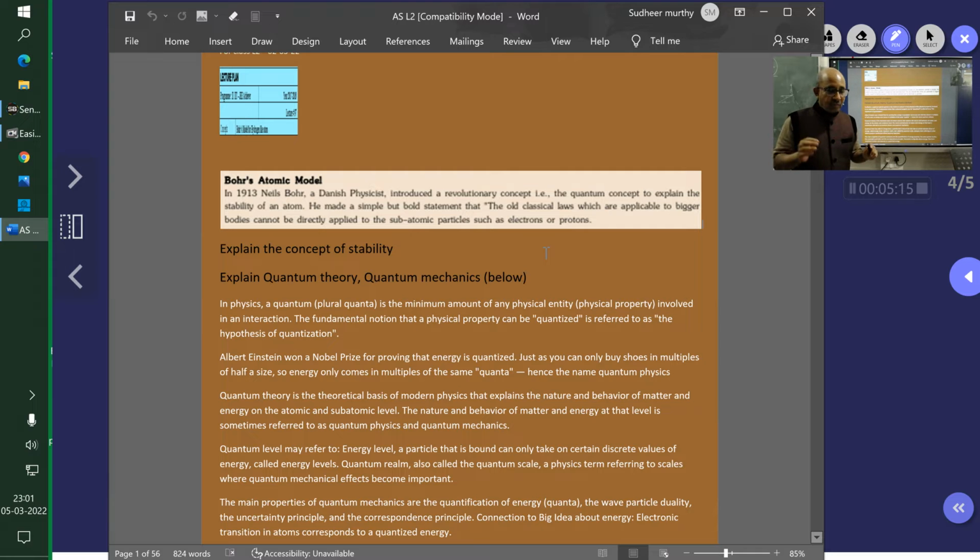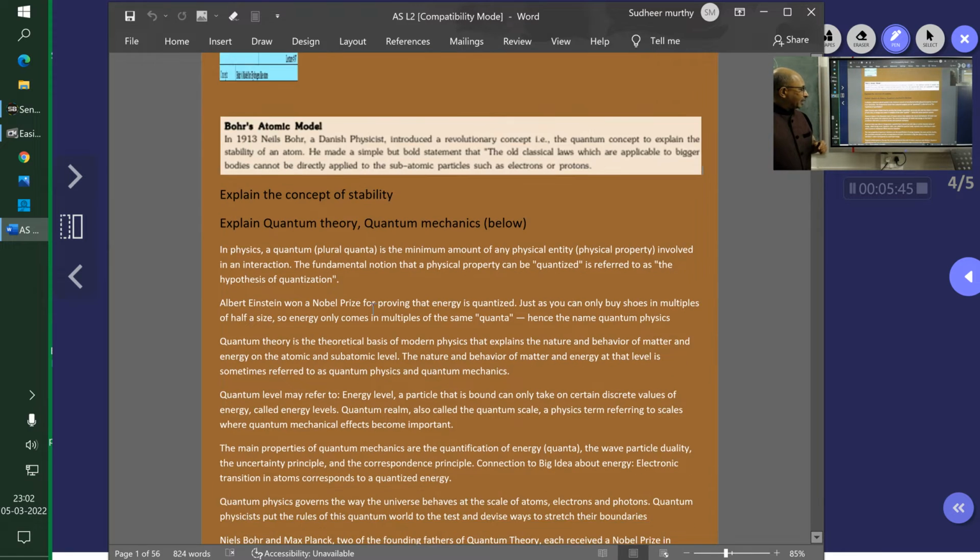He said that as long as the electron is revolving in a pre-designated orbit, not anywhere, then this electron will not emit radiation. It was a very bold statement because a new theory was being created here.